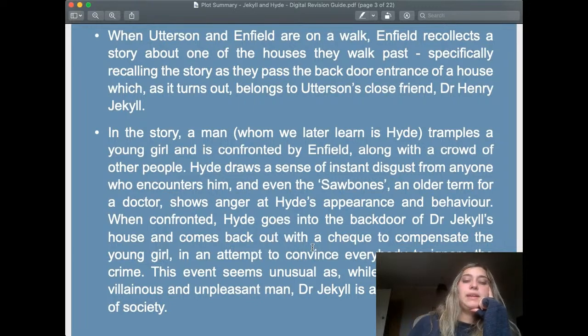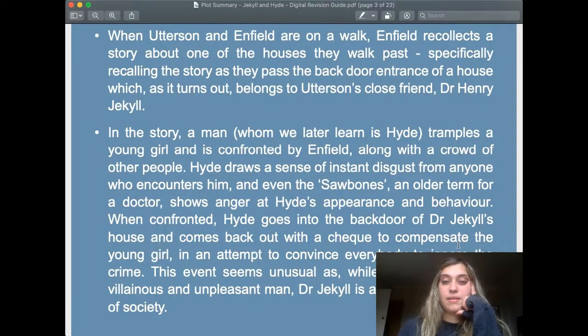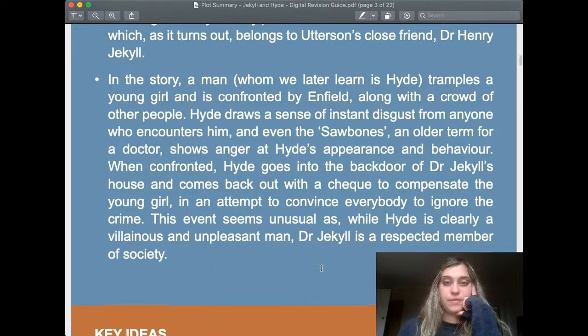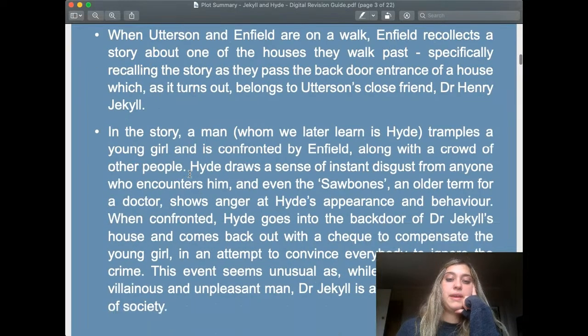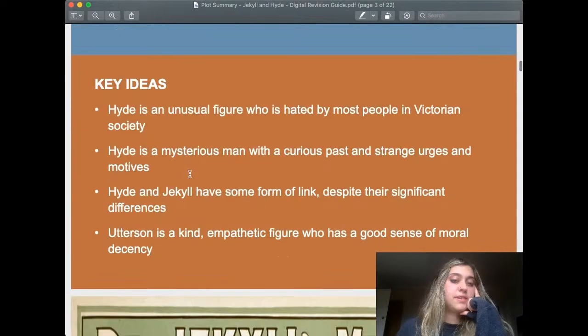We don't meet the titular characters until later on. We hear about them first, and then we meet them later. So in the first chapter, we don't meet the main characters. We just meet the protagonist, Utterson, who is the character that we follow through the story.